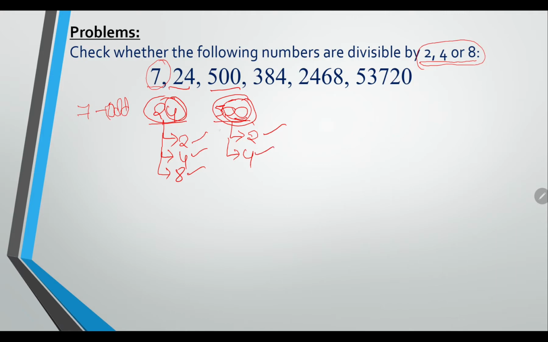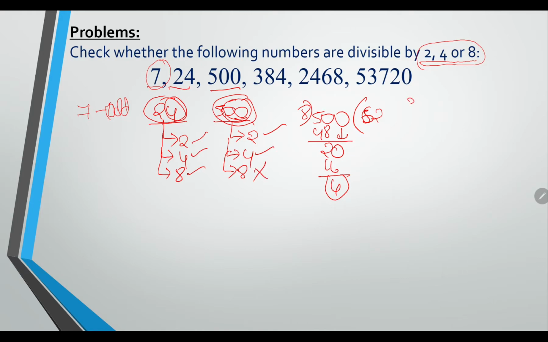Next, since it has 3 digits, we can just divide the number by 8. 500 divided by 8. 8 6s are 48 and we get 2. Next 0 down, and 8 twos are 16, we get remainder as 4. So therefore 500 is not divisible by 8.